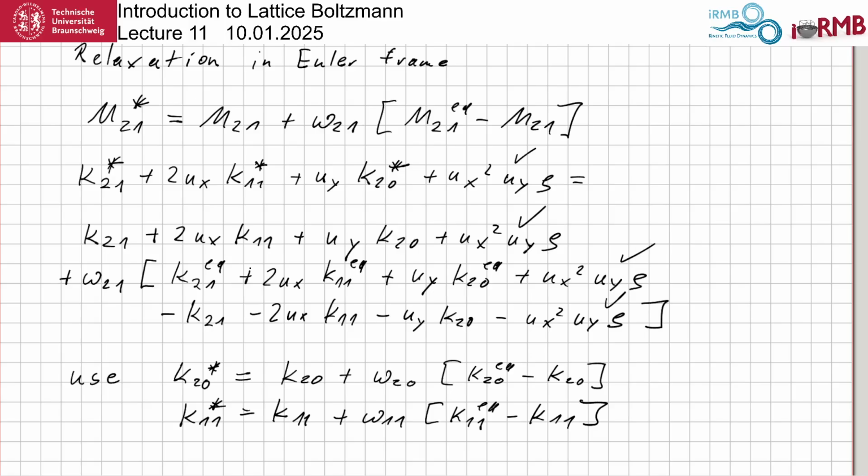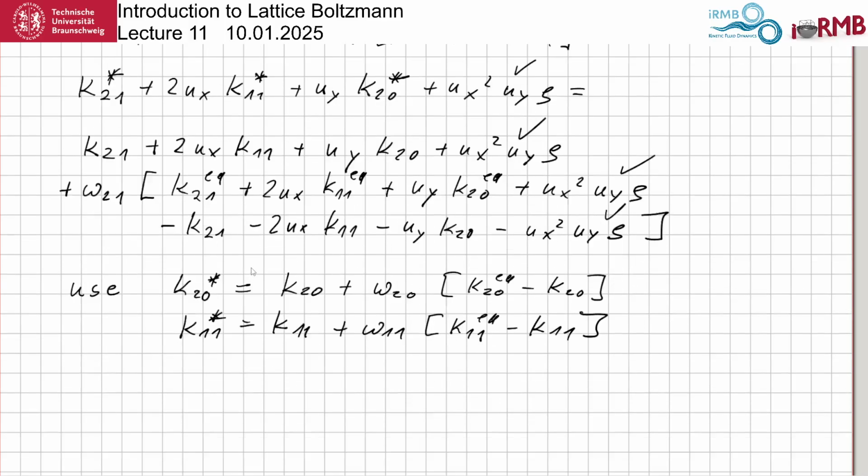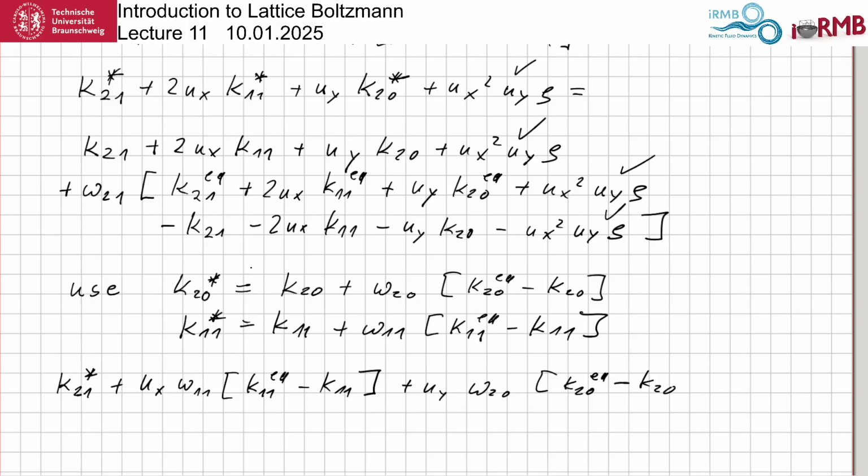Which means if we introduce this in the above, we get K21 after collision plus ux omega 11 times K11 equilibrium minus K11 plus uy omega 20 times K20 equilibrium minus K20. So this was just the left-hand side.